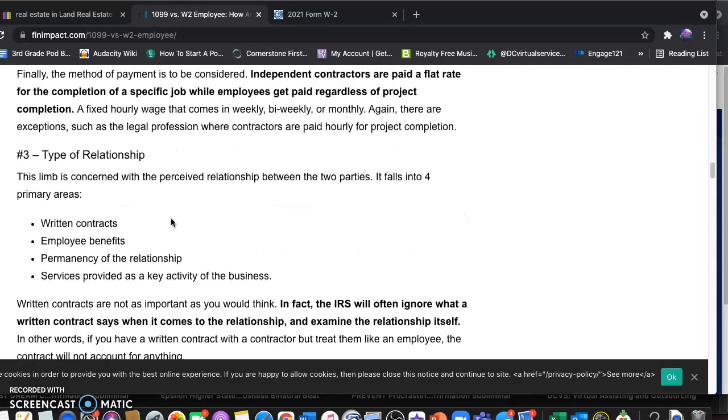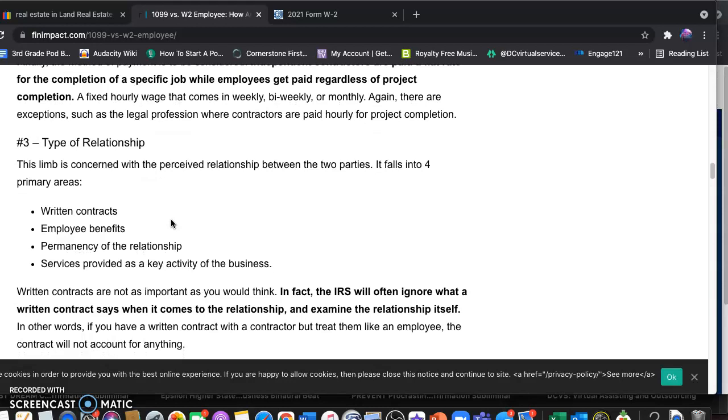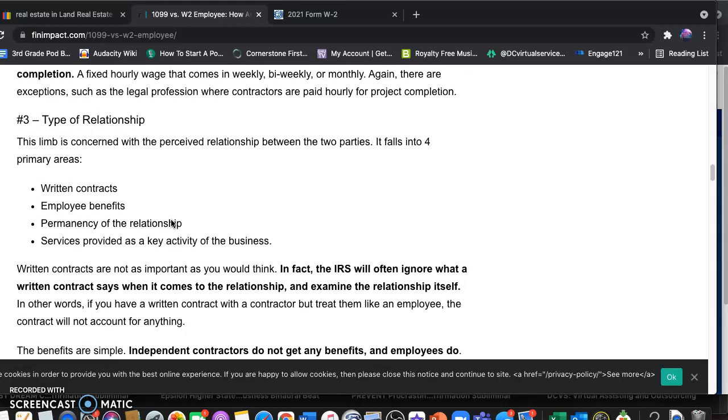So, number three, the type of relationship. The type of relationship really determines whether you are a 1099 contractor or a W-2 employee, such as with written contracts, employee benefits, permanency of the relationship, and services provided as a key activity of the business.